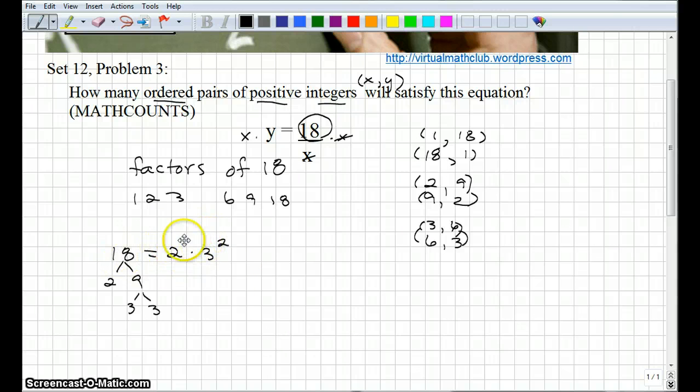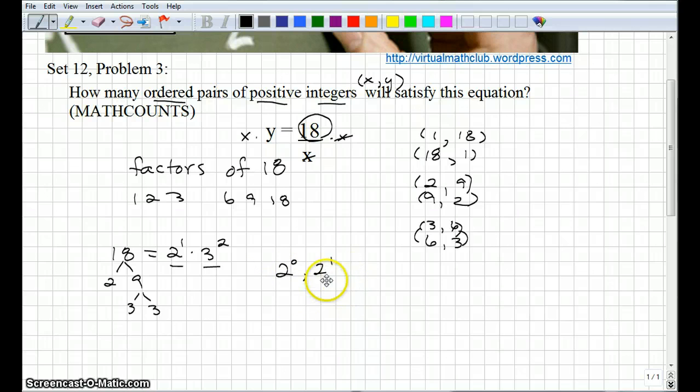In order to figure out what the factors of 18 are, whatever the factors are, they have to be some combination of a power of 2 and a power of 3. Now, the power on either one of these can be 0. So the power on 2 could be 0, or it could be 1, because this is essentially 2 to the 1. So essentially you have 2 choices for the power on 2.